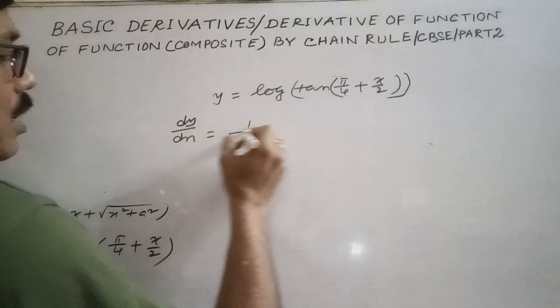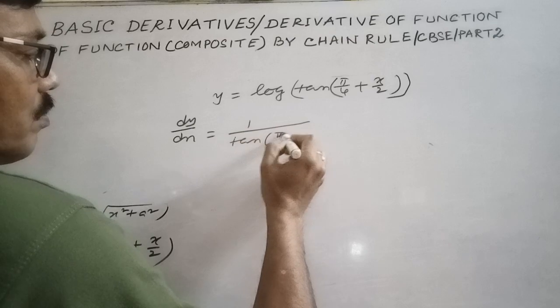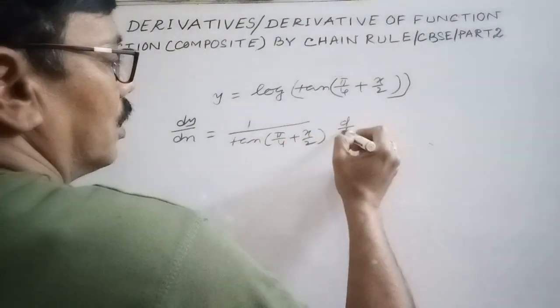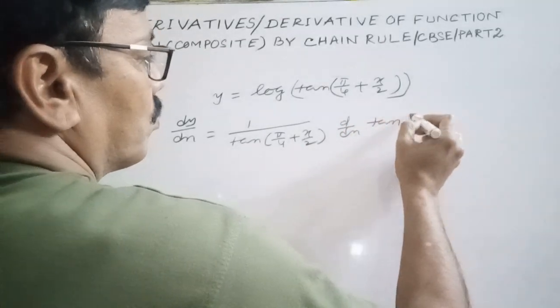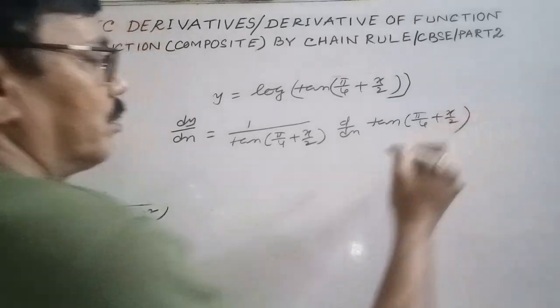So 1 by tan pi by 4 plus x by 2 into d dx of tan pi by 4 plus x by 2.